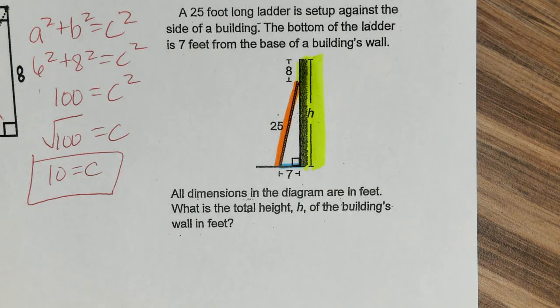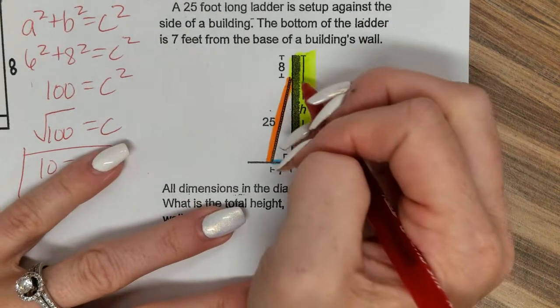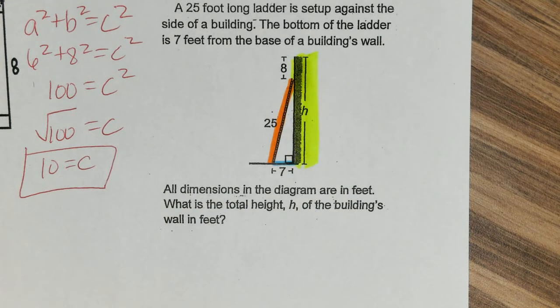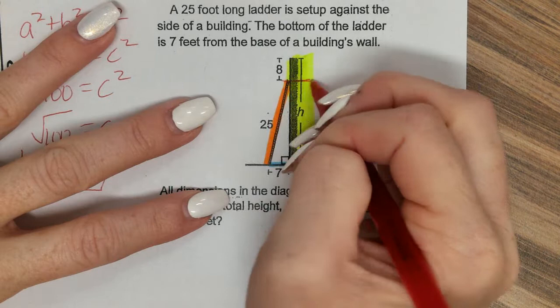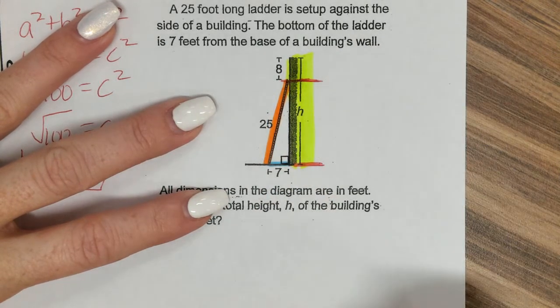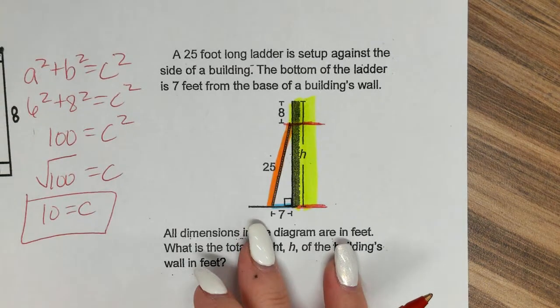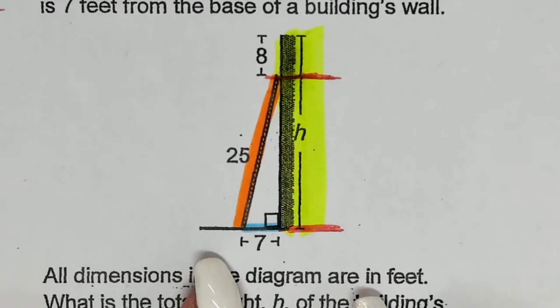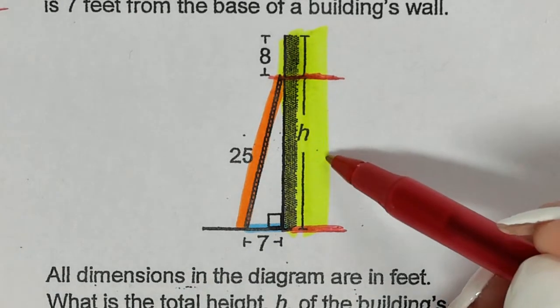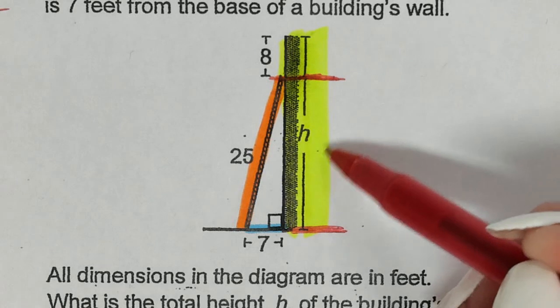Does everybody understand? If I use Pythagorean Theorem, am I going to solve for the height of the whole wall? No. What am I going to solve for? I'm going to solve for the height from here to here. So how would I get the height of the entire wall? I'm going to solve for this, okay?